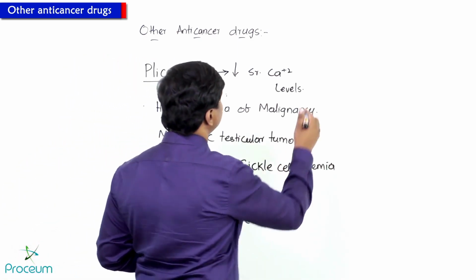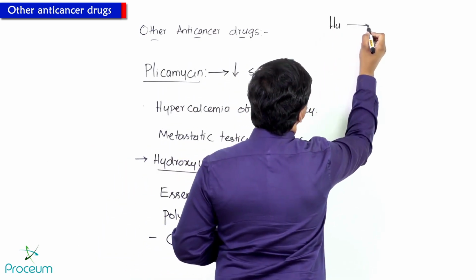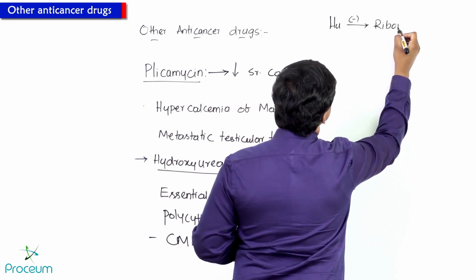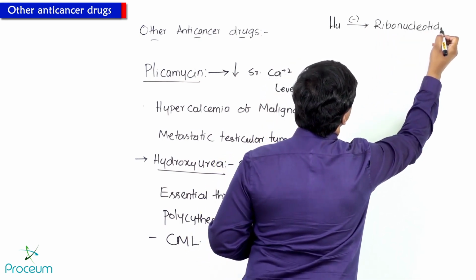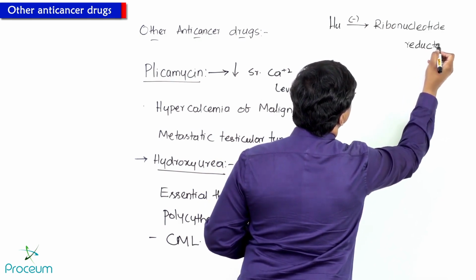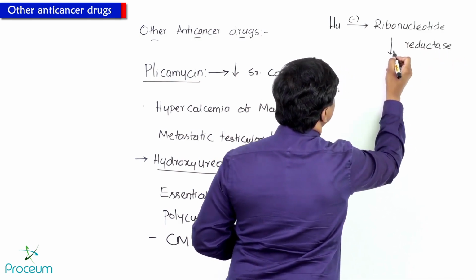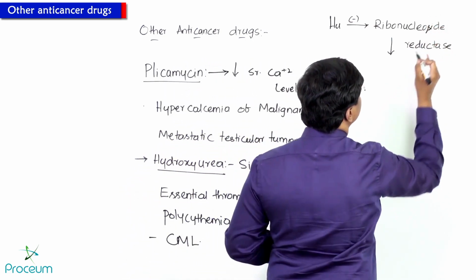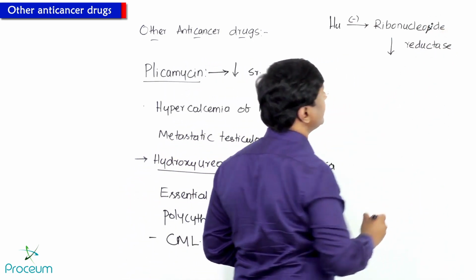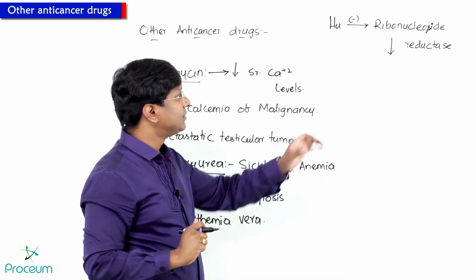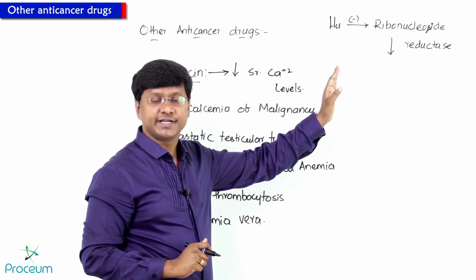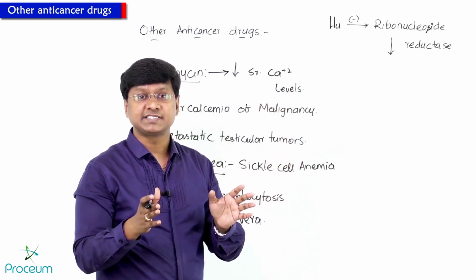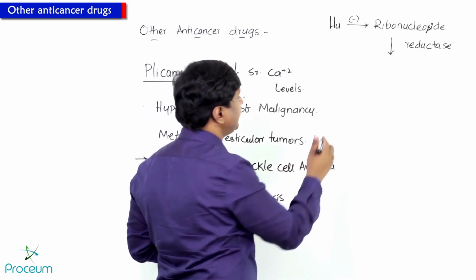So hydroxyurea, remember, acts by inhibiting the enzyme ribonucleotide reductase. This ribonucleoside reductase is an enzyme which is required for the rate limiting step in the synthesis of DNA.